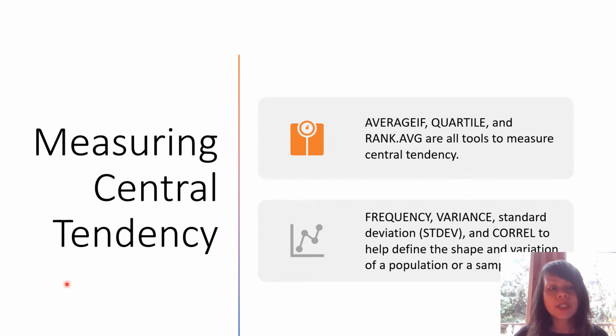So when you're measuring central tendency, what are we talking about? The average, quartile, and rank average are all tools to measure central tendencies. Frequency, variance, standard deviation, and correlation help to define the shape and variation of a population or a sample.